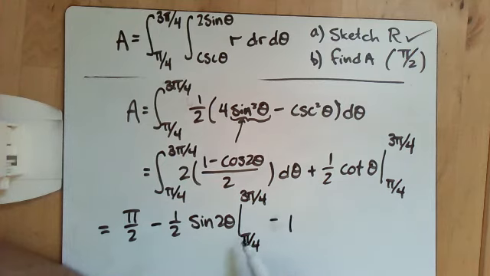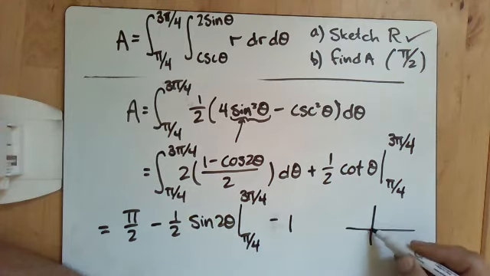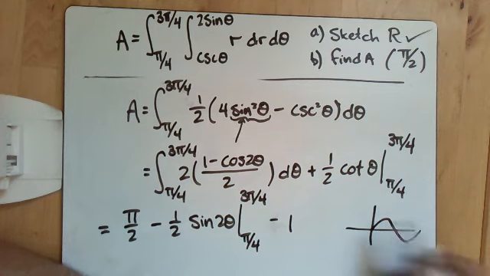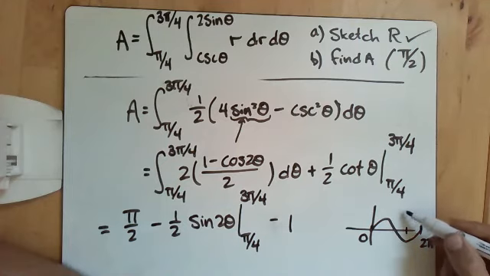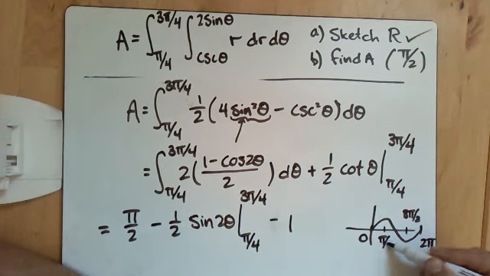All right, so now what I have to do is look at this and say, what is the sine of twice this minus the sine of twice that? I always forget what sine looks like. So here it is, starting at 0. This is 2 pi. Here's 3 pi over 2. And here's pi over 2.